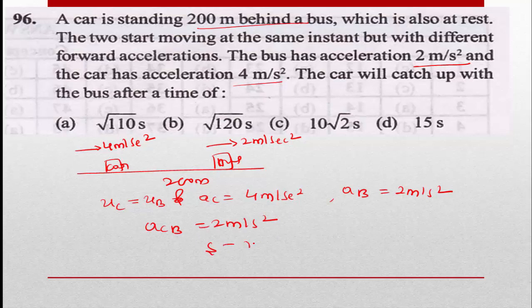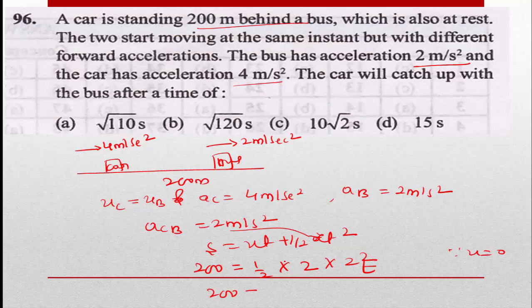We know the formula, s equal to ut plus half at square. The distance is 200 meter. Initial velocity is zero, as the object is at rest. Therefore 200 equal to 1 by 2 into 2 into t square, which is t square.